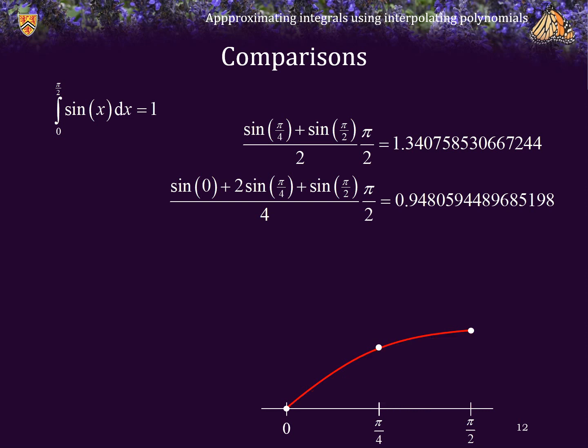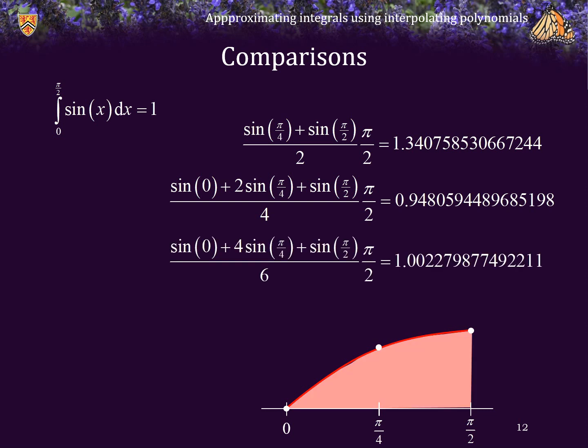Okay. Next, let's use the third definition, Simpson's rule. Simpson's rule finds an interpolating quadratic between these 3 points and integrates it. That integral is equal to that value here, and you can see now the relative error is 0.2% approximately.